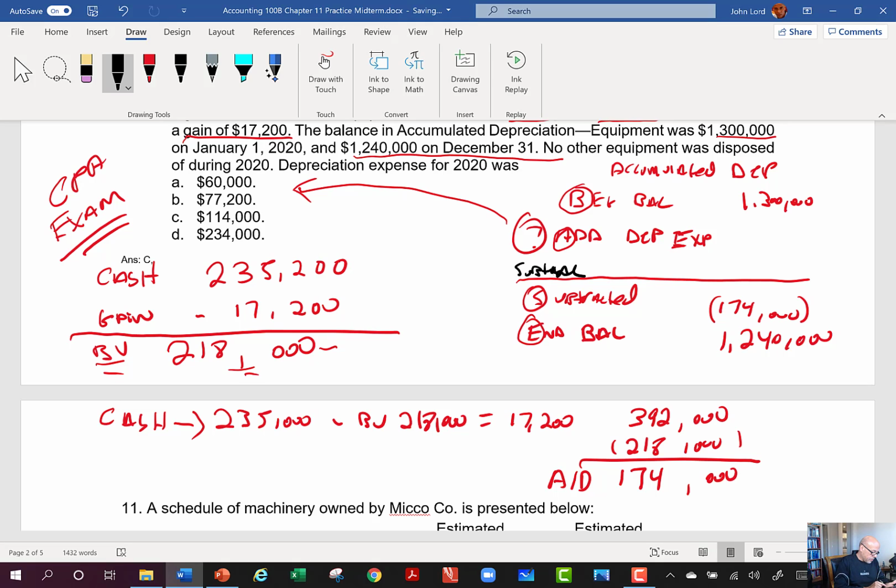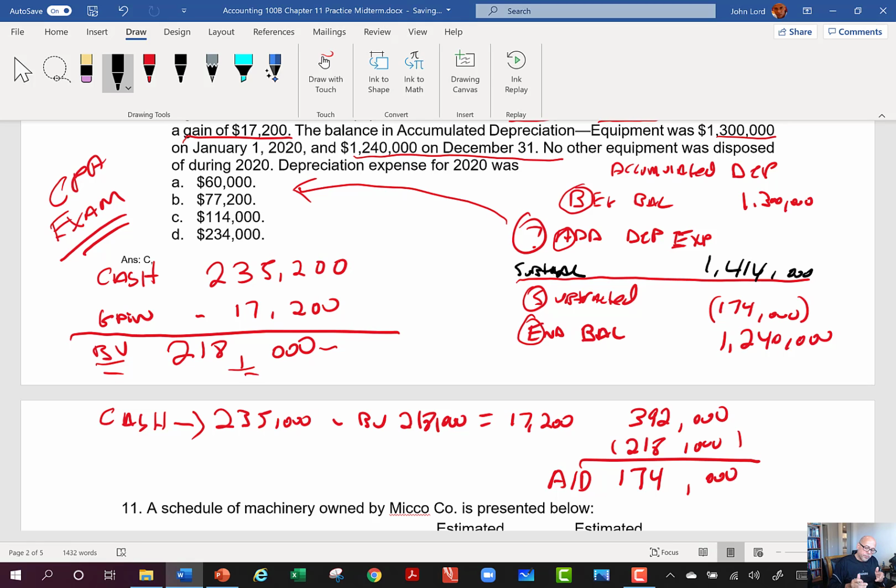I take that $1,240,000, that's the ending balance, the problem gave me that. I add to it the accumulated depreciation on the property that was sold, $174,000. That means there was $1,414,000 in my accumulated depreciation account before I removed the accumulated depreciation of the asset that was sold.